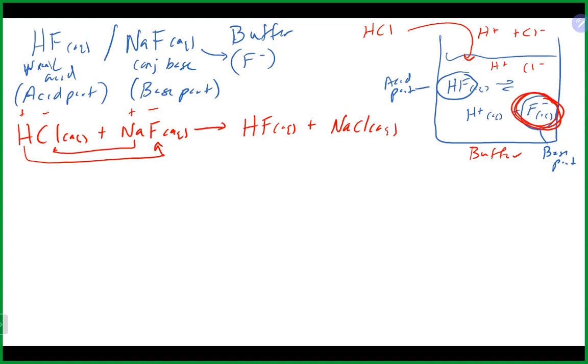What we see formed as a result of this reaction is HF, which was part of the buffer to begin with. By the way, that always happens when you add an acid to a buffer: you make more of the acid that was originally there for the buffer. As we'll see in a second, we see the same thing when we add the base.